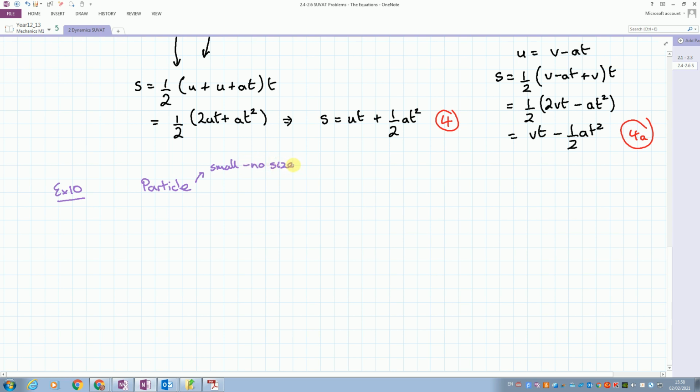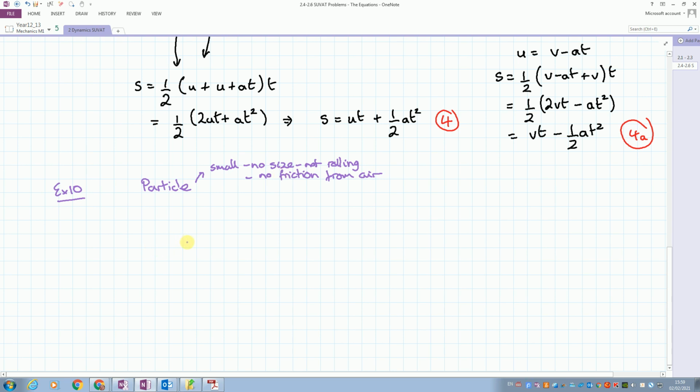We're not talking about a rolling item. Generally, with particles, unless they mention friction, there is no friction and no air resistance. We'll do particles on a slope, and they do sometimes have masses later. So it's not rolling, no friction from the air, and no size, so there's no worries about what's happening.